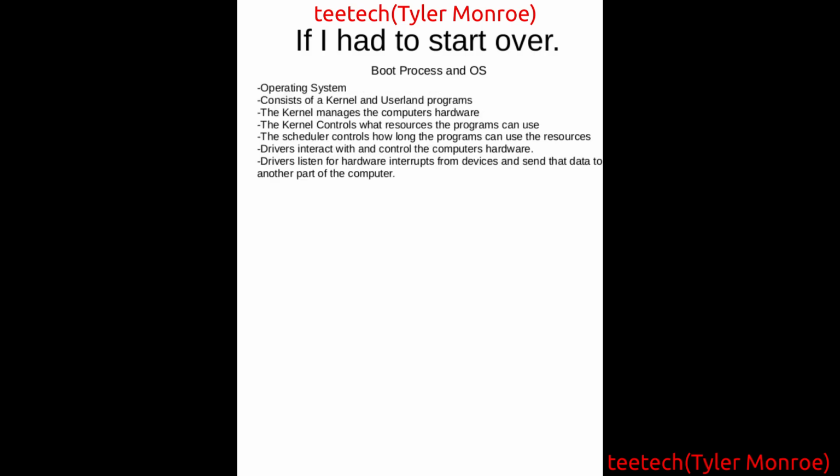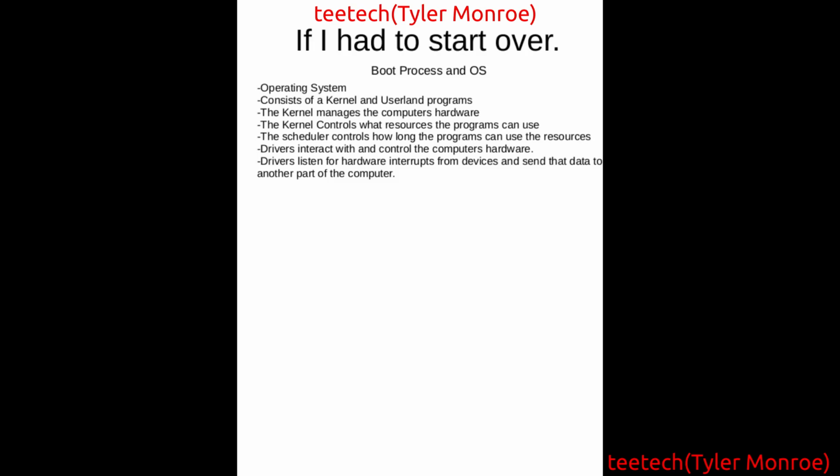Okay? So, again, the OS is the operating system, and an operating system consists of a kernel and user land programs. All right? The kernel's job is to manage all the computer's hardware, all the components we talked about in the first part. And the kernel controls what resources the programs can use.